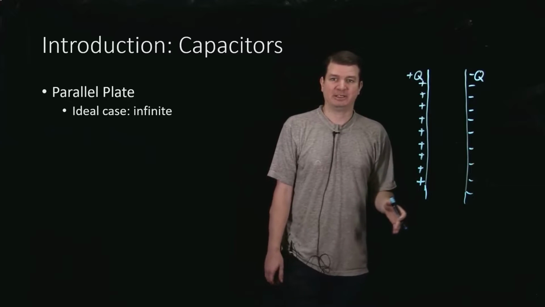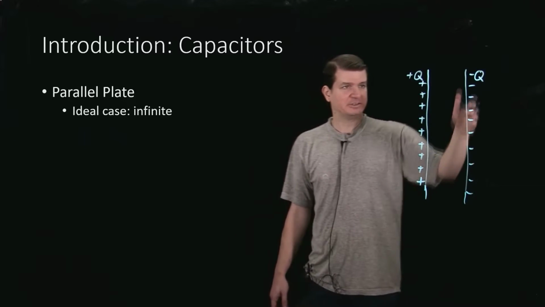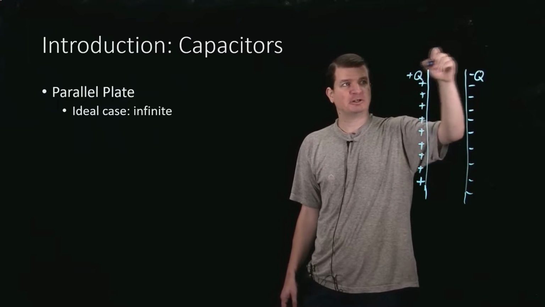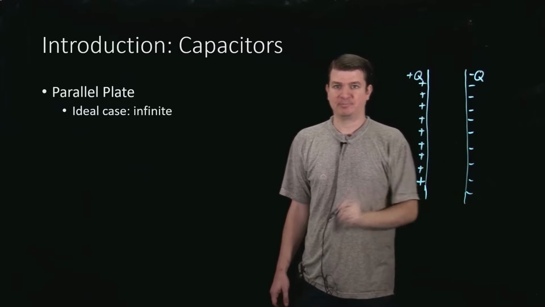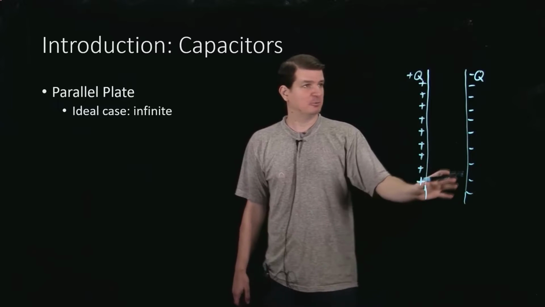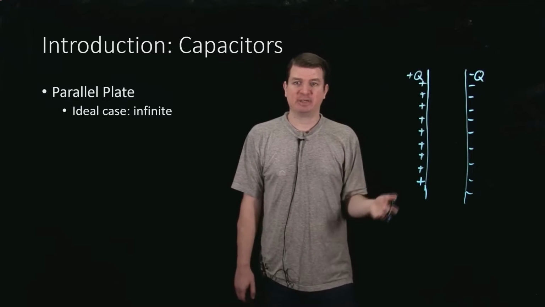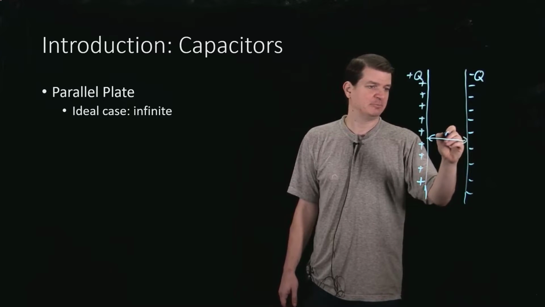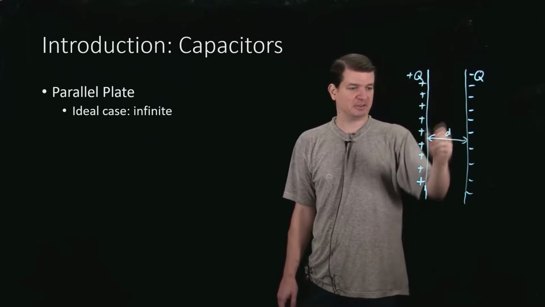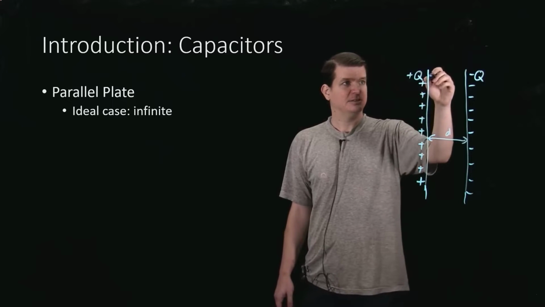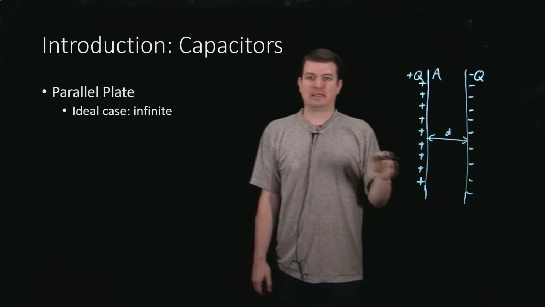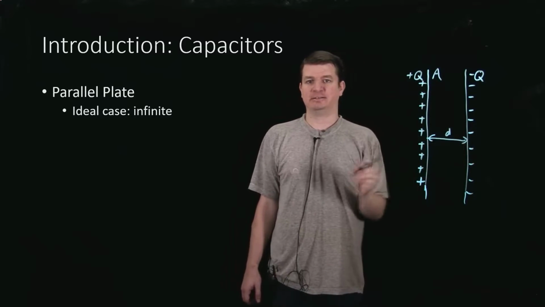What we really mean is that I can draw something that looks like this and not worry too much about what goes on up here or down here. The condition for not worrying about the edges is that if these plates have some separation D and some big overall area A, then I want that area to be large compared to the separation.